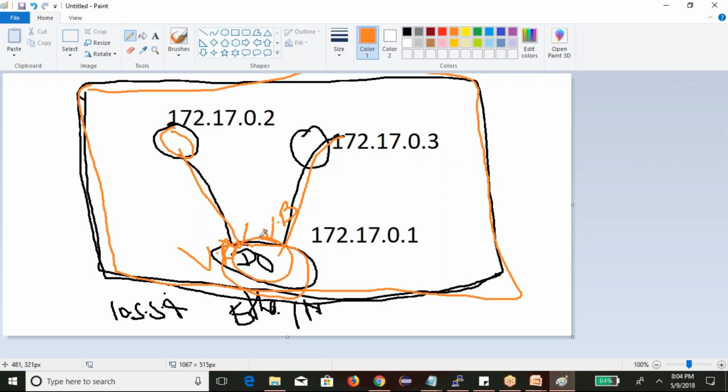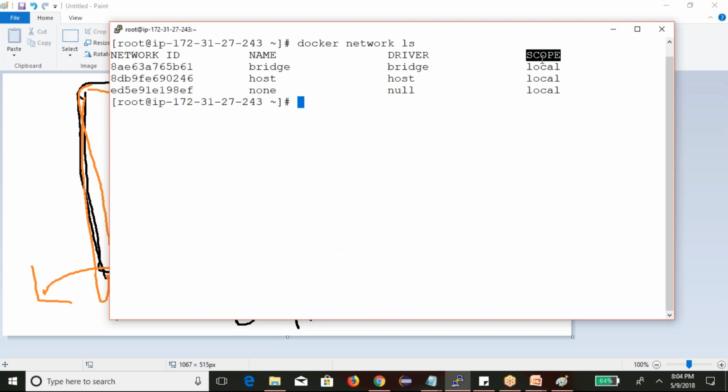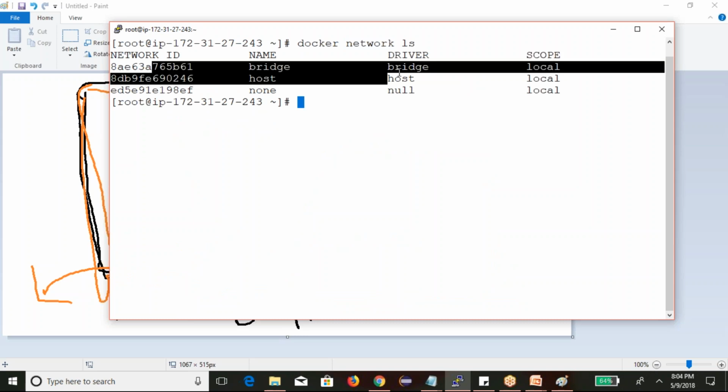But this virtual bridge is not accessible from outside. Why? Because the scope is limited to local. Now, run docker network ls, and you see that the scope is local for this bridge.